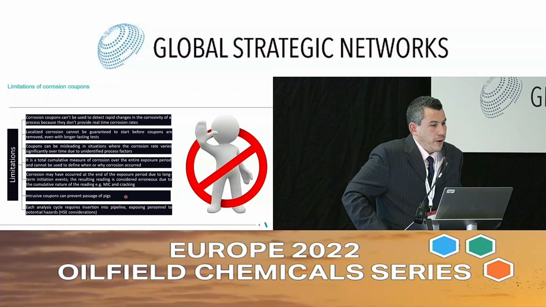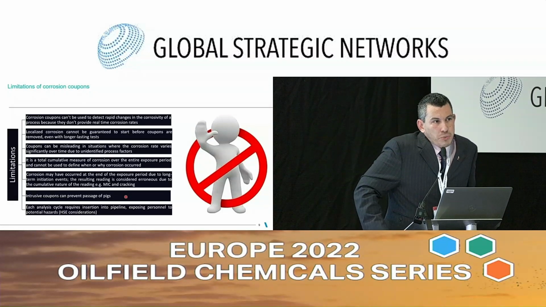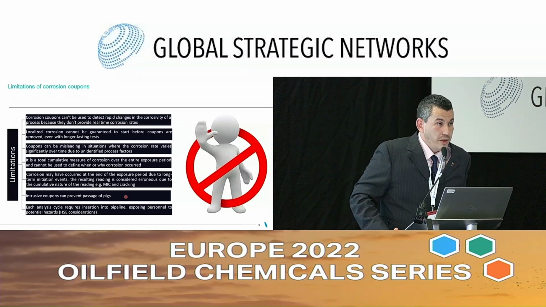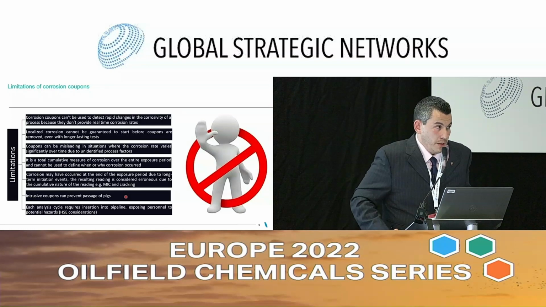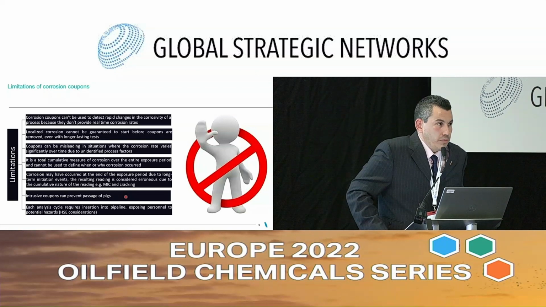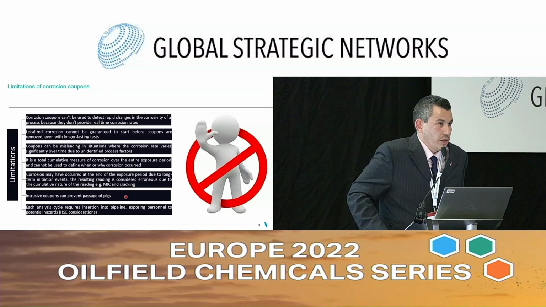Depending on the philosophy that you have in your assets, this might not be a problem, because sometimes we want to use corrosion coupons or corrosion probes just to make sure that everything is stable. For example, onshore, we have assets for gas storage. We could say that maybe 24/7 we have the same conditions in the gas storage facilities onshore, way different to our platforms offshore.